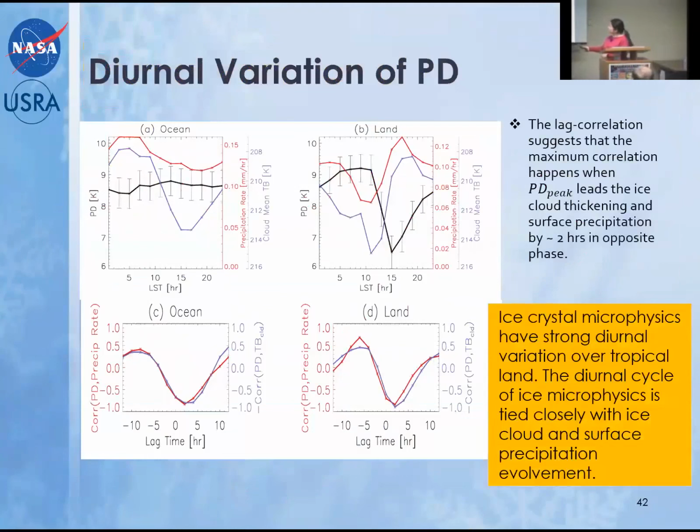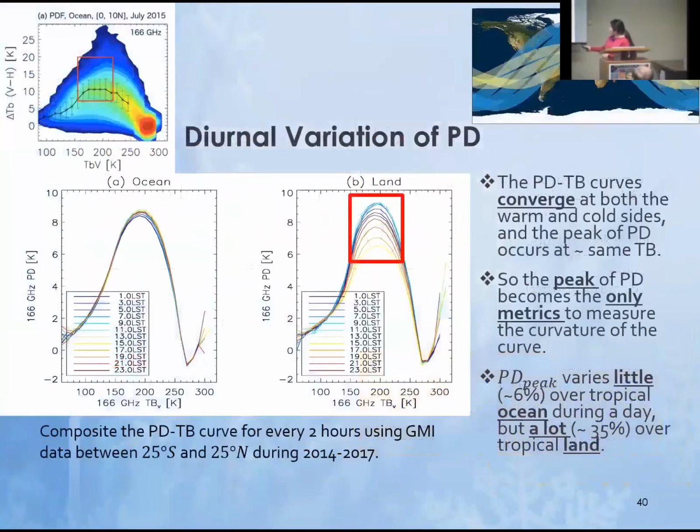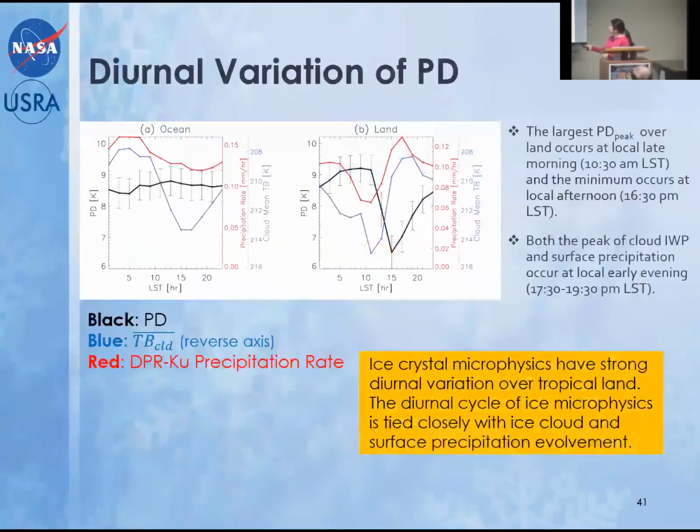Yes, the blue line is just for the ice cloud. The blue line is actually the average of this. I also did the average over here. So basically all the ice clouds that the 166 gigahertz channel reports. So the blue line corresponds to the ice clouds.